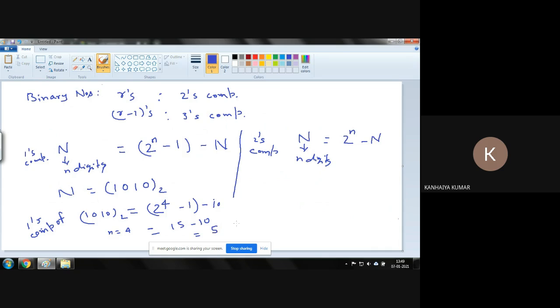So how will you write 5 in binary form? 101 using 3 bits you will get 5, but we had 4 digits, so I put 1 bit here, so it is 0101. So it is your one's complement.